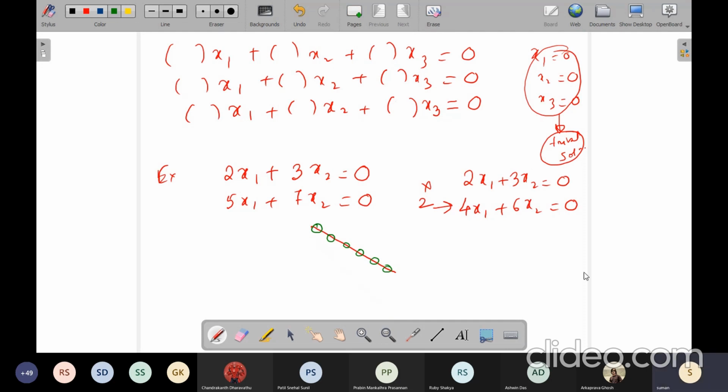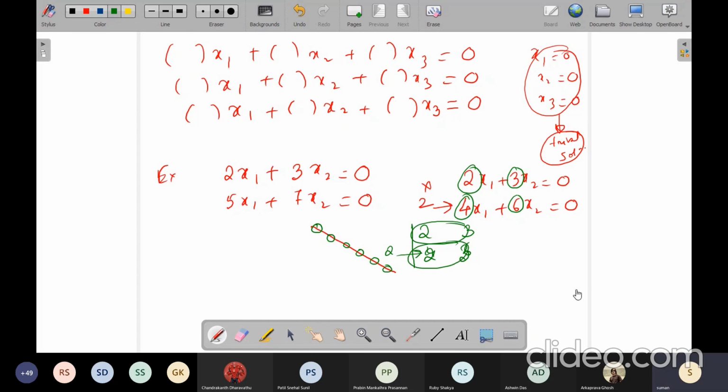So the hallmark of this is that if you now put the coefficients in determinant form, you have 2, 3 and 4, 6. And this 4, 6 is actually 2 times 2, 3. Once you have one row as a scalar multiple of another row, the determinant will be 0. Right?